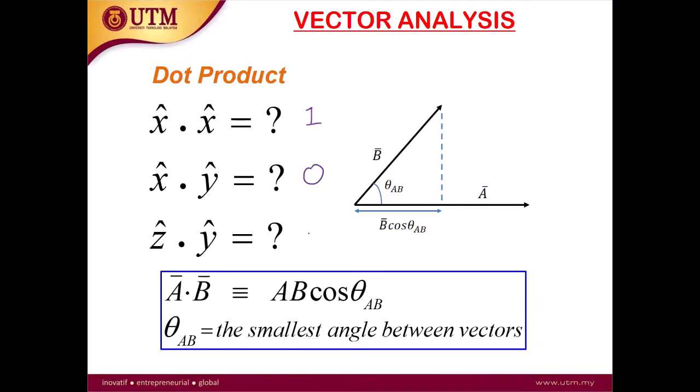So please remember this behavior. Let's say you have vectors A and B. How do we do the dot product between these two vectors? The dot product between two vectors A and B is equal to AB cos theta AB.